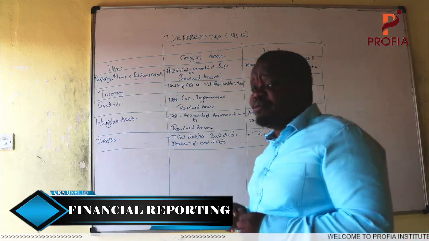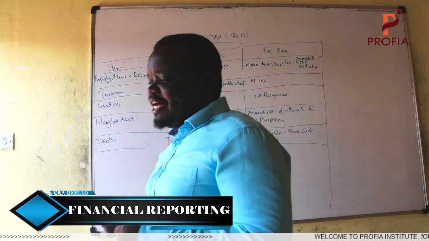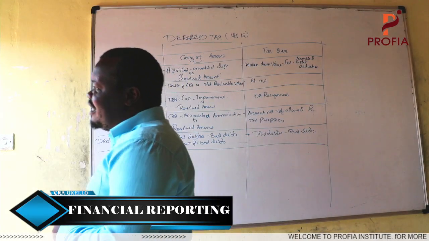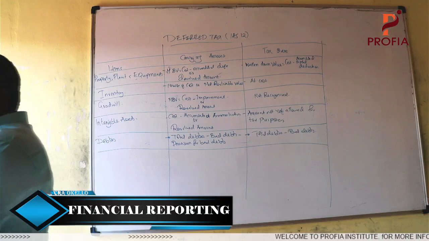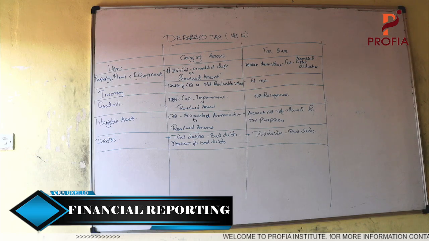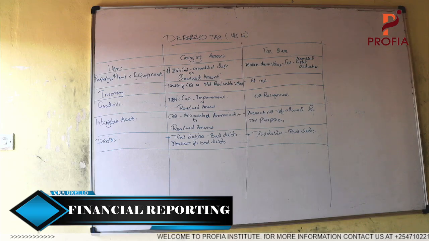So the definition I'm going to use, vice versa, is what we call the deductible. This gives rise to deferred tax liability.